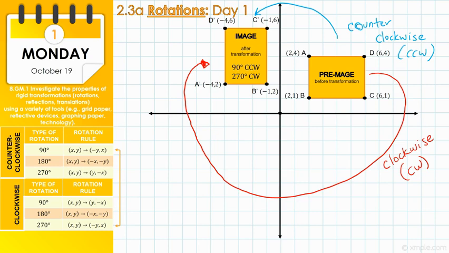So if we're looking at a counterclockwise rotation, the rule for counterclockwise, 90 degrees, which is 1 quadrant away, is the same as a clockwise rotation 3 quadrants away. So counterclockwise, we've moved from quadrant 1 to quadrant 2.